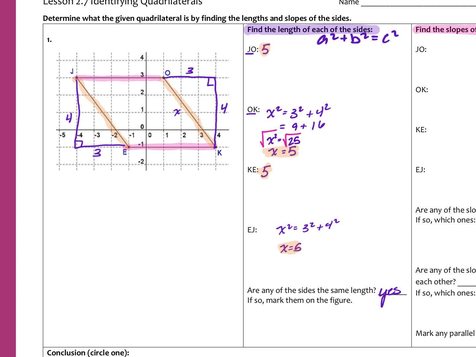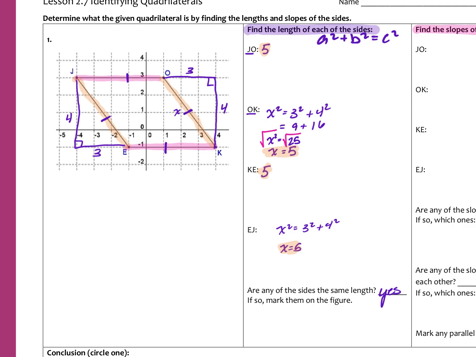Geometrically, how I mark it is I just put a little slash through all the ones that are the same. If there were 2 different pairs, I'd do a double. Does that make sense? Since they're all the same, we're just going to have one little mark there. Awesome, they're all the same length.